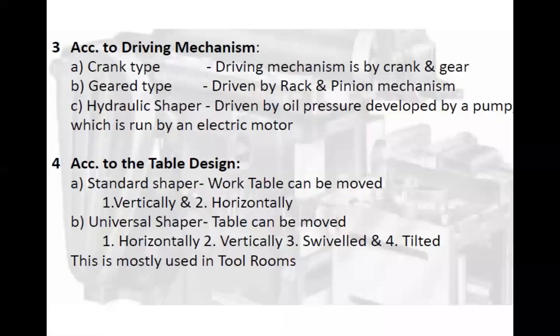These depend upon the table design. If only vertical and horizontal motions are possible, it is called a standard shaper. If, in addition to these two, you can swivel the table and tilt the table, then we call it a universal shaper.